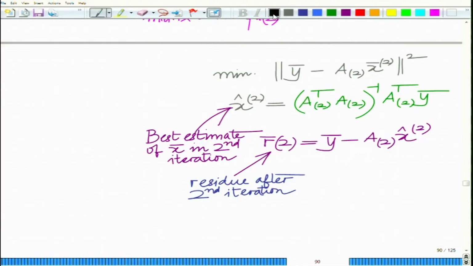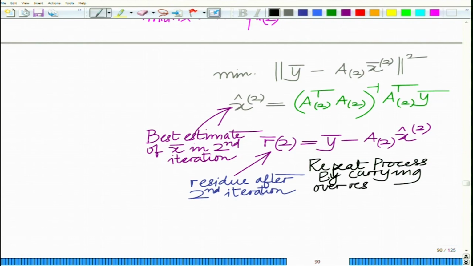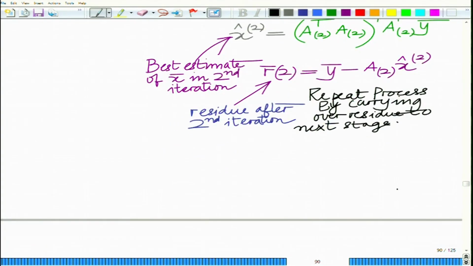Start by projecting the residue from the previous iteration onto each column of phi, choose the one that has a maximum projection, and then repeat the process, carrying over the residue to the next stage. So each stage the residue carries over to the next stage.